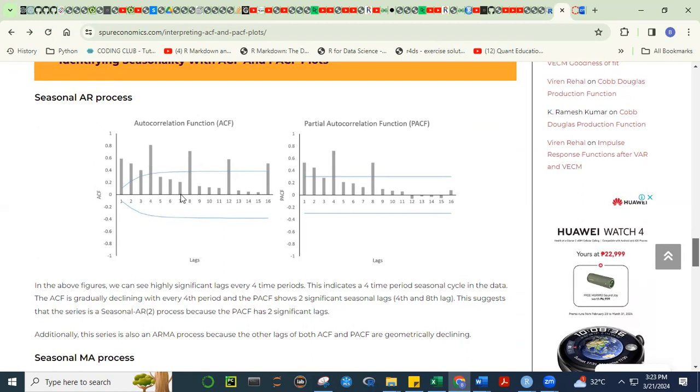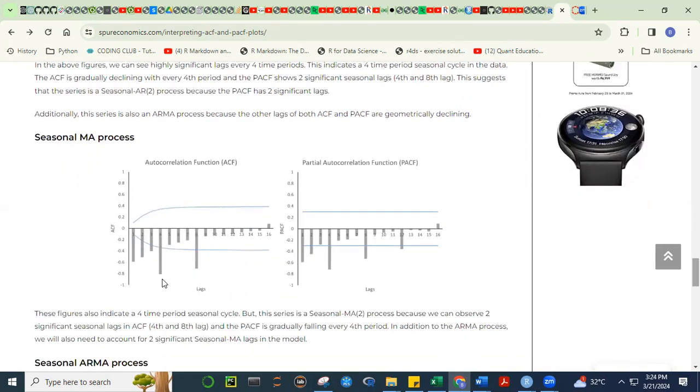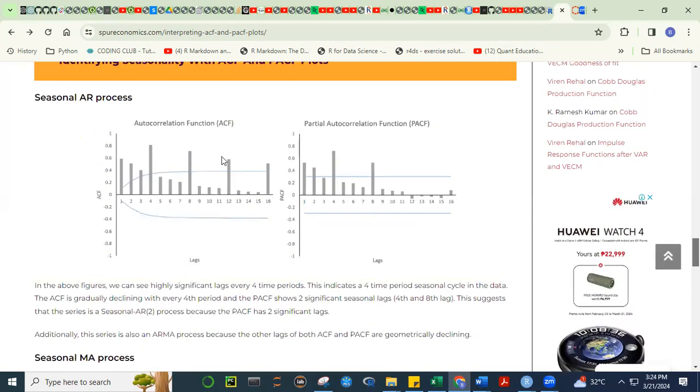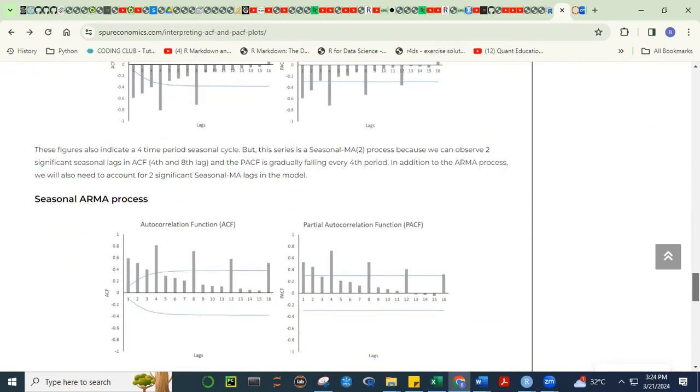The PACF is the same. This one is seasonal MA, where the significant correlations are negative. This one is positive. So it's quite a challenge, class, to determine.